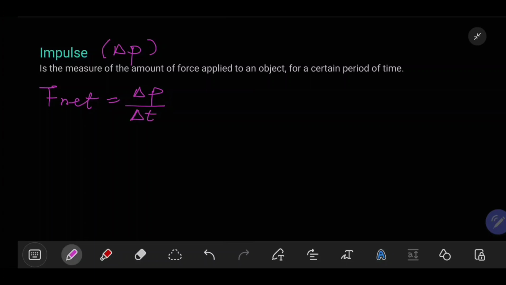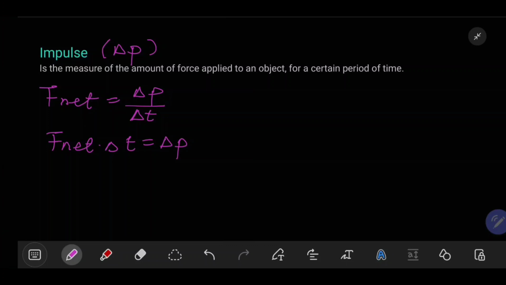When we multiply both sides by change in time, our formula becomes F net multiplied by change in t is equal to change in p.